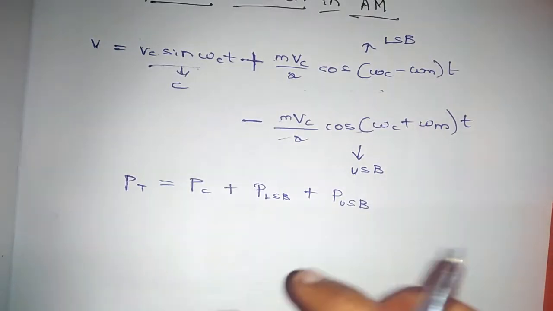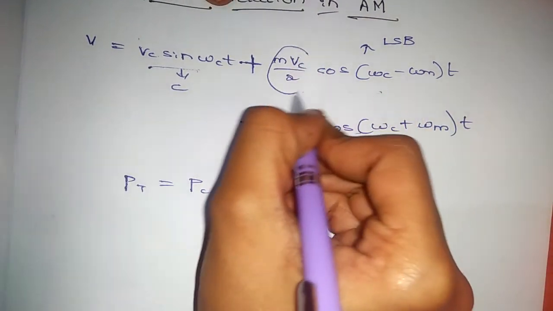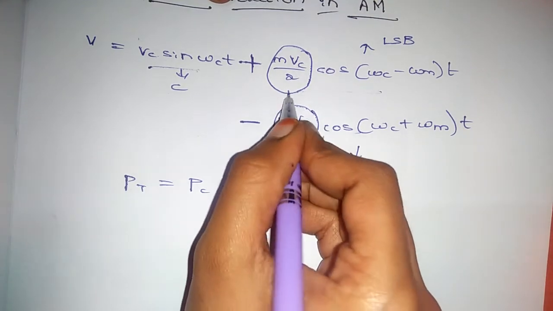Here the amplitudes of the LSB and USB are the same. If you observe, mVc/2 and mVc/2, so we can take both as equal.